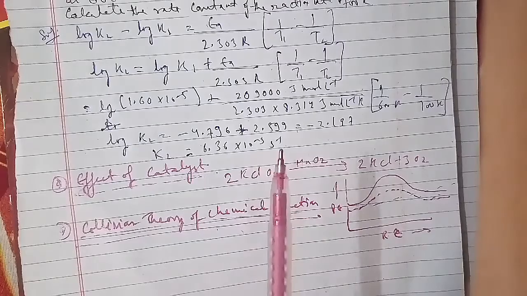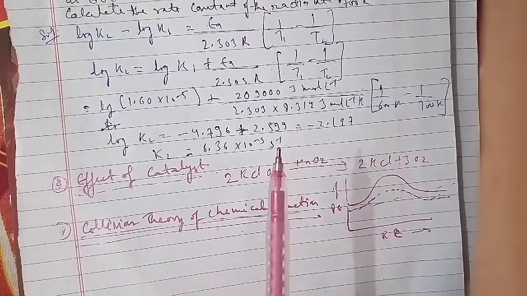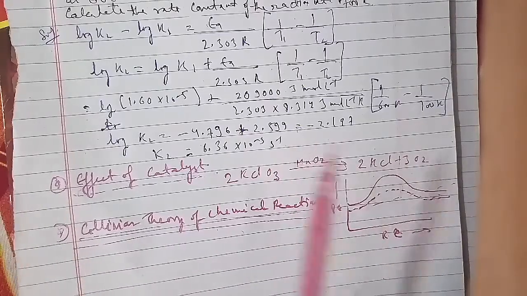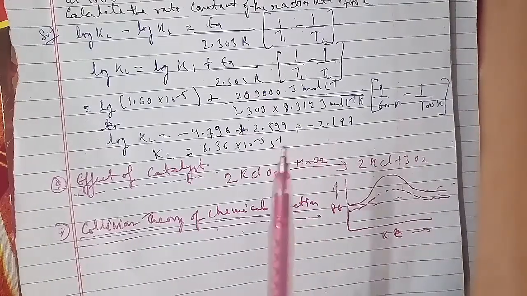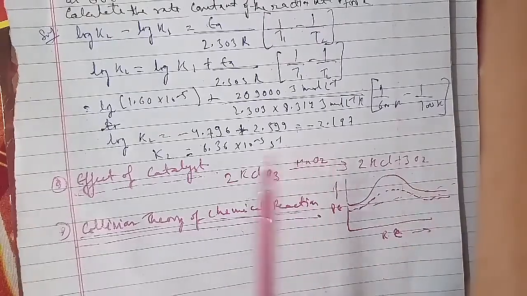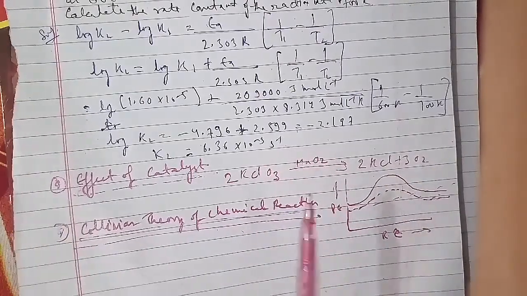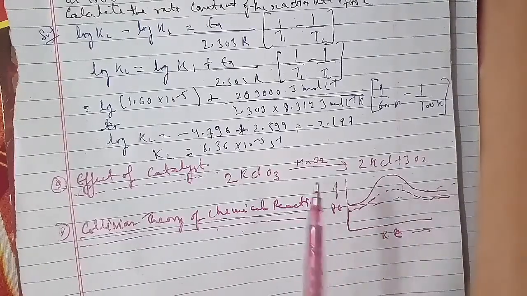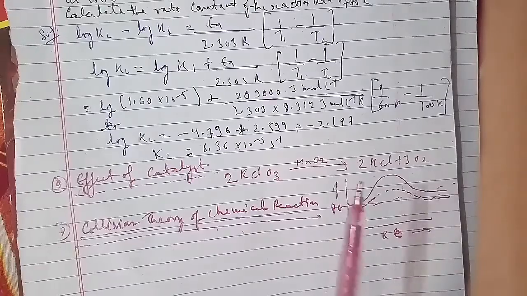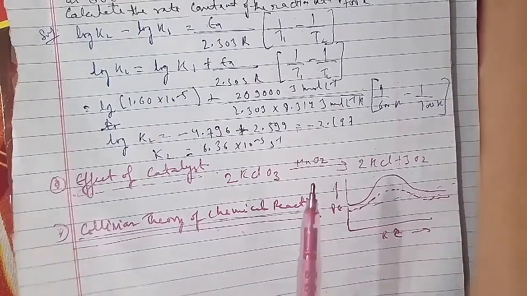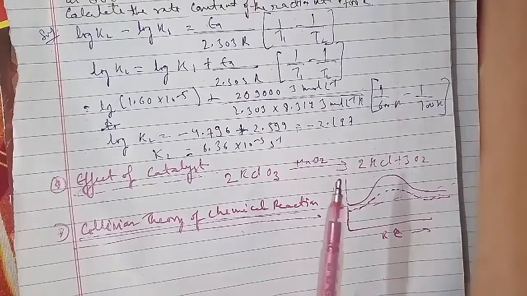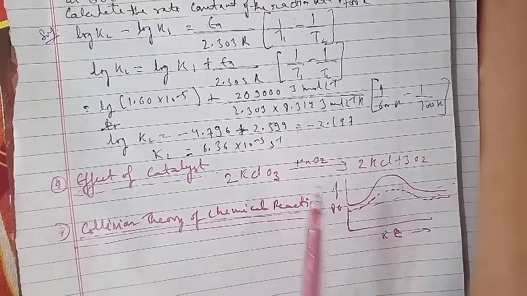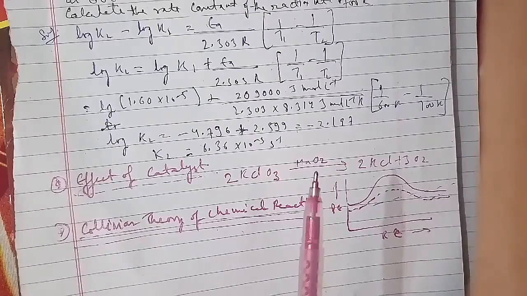In the same case for the bimolecular, we have a reaction in the form of A plus B gives product. The rate of reaction for that can be represented as rate equals Z_AB e^(-Ea/RT), where Z_AB represents the collision frequency of the reaction, and e^(-Ea/RT) represents the fraction of molecules with energy equal to or greater than Ea.